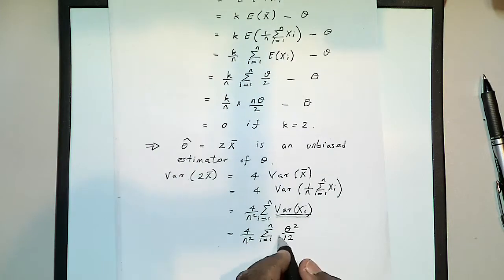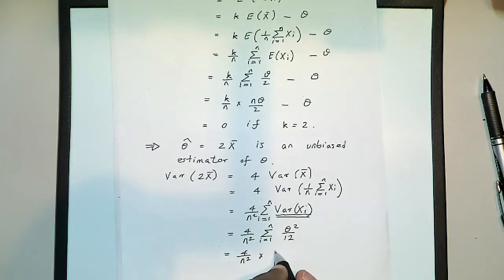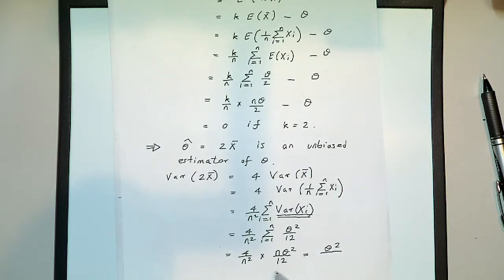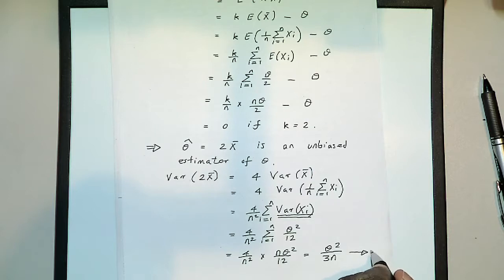Now this is a constant with respect to i, so this will be 4 divided by n squared multiplied by n theta squared divided by 12, right? And if you simplify this, it will be theta squared divided by 3n. Okay. This approaches 0 as n approaches infinity.